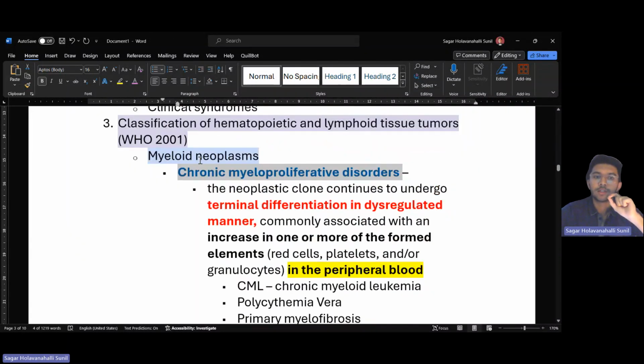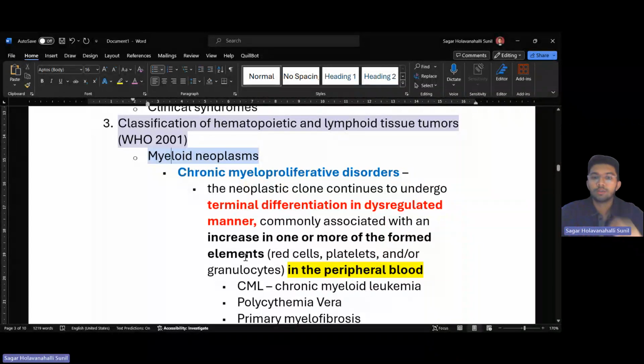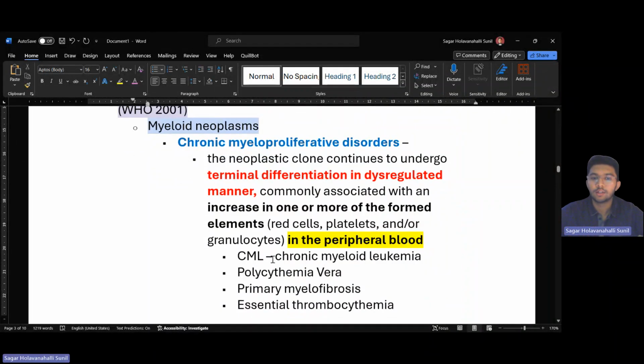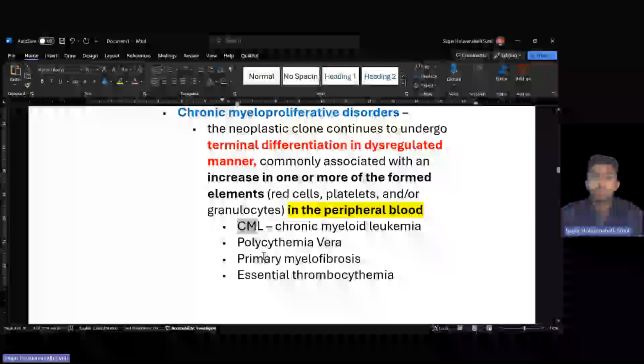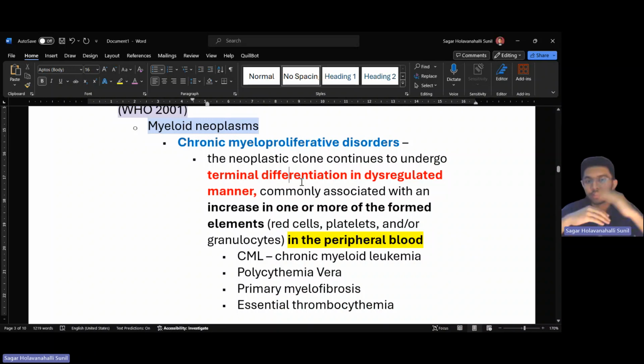Because myeloid lines typically occur in leukemic situations, you can just talk about chronic myeloid leukemia, okay, CML. And the definition is that the hematopoietic stem cells are going to undergo this terminal differentiation.